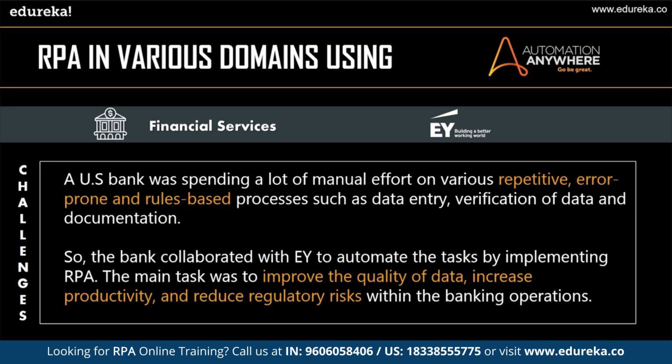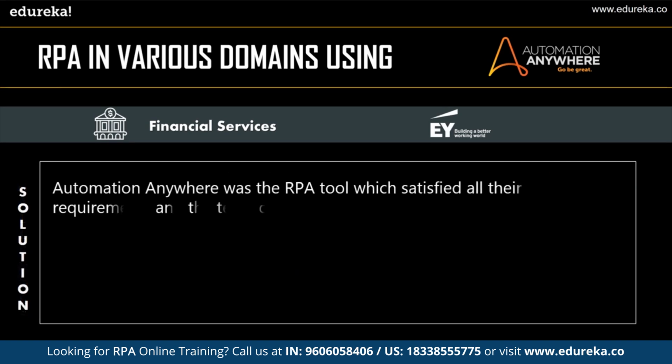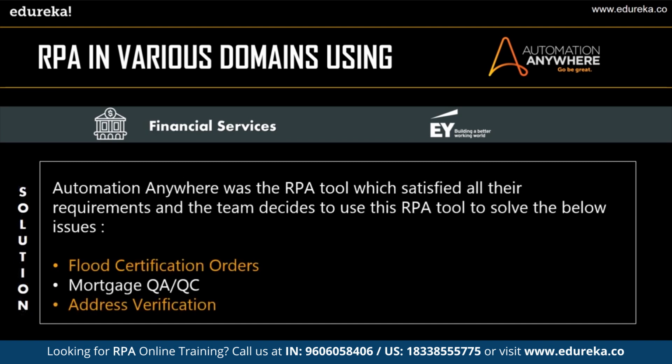So, based on these factors, EY started researching the top RPA vendors and then zeroed in on Automation Anywhere. For them, Automation Anywhere was the RPA tool which satisfied all the requirements, and then the team decided to use this RPA tool to solve the issues of flood certification orders, mortgage QA QC, and address verification. So, let's discuss one by one how these problems were solved.